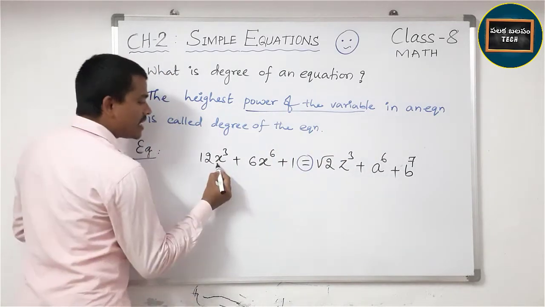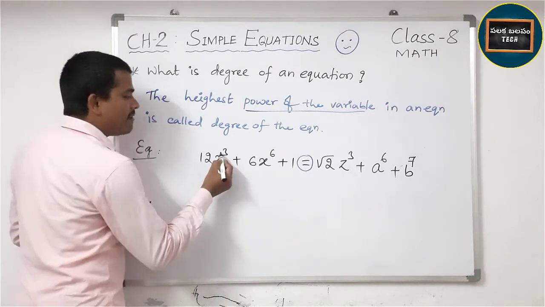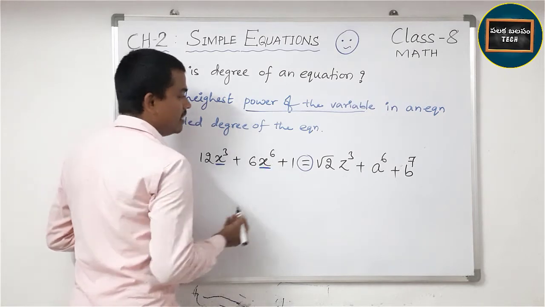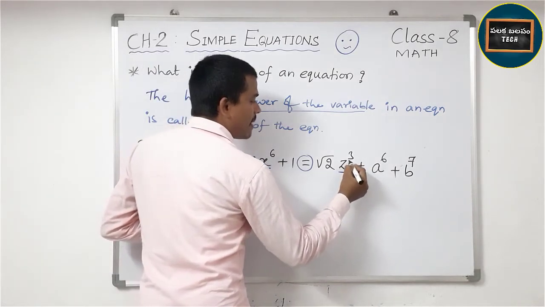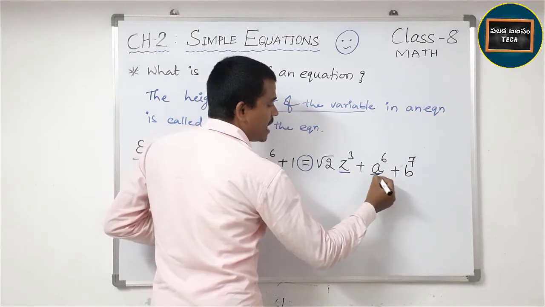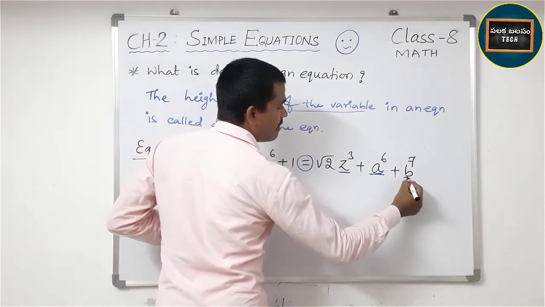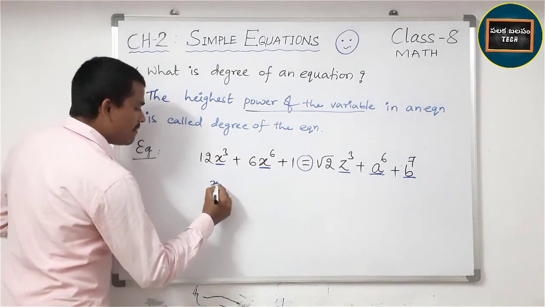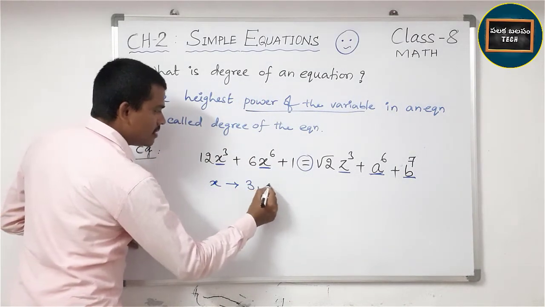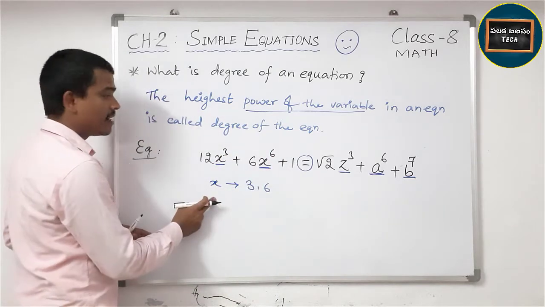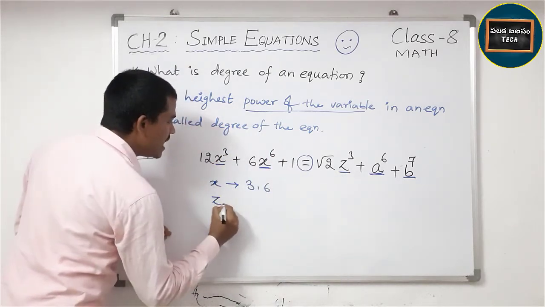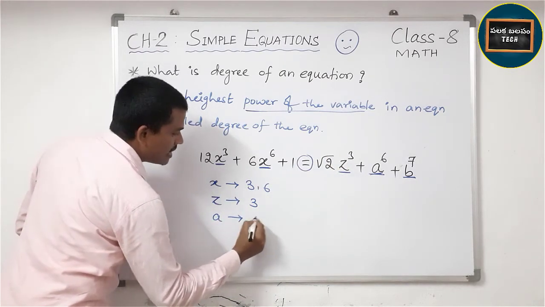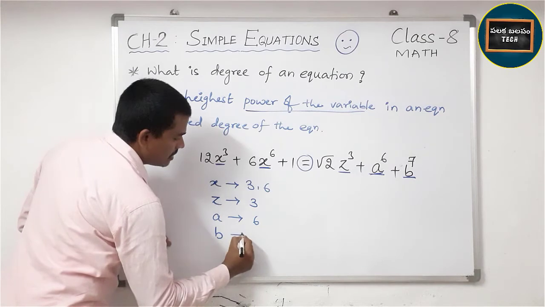Okay. Now here the variable is x, the power is 3. Here the variable is x, the power is 6. Here the variable is z, the power of z is 3. Here the variable is a, the power is 6. Here the variable is b, the power is 7.